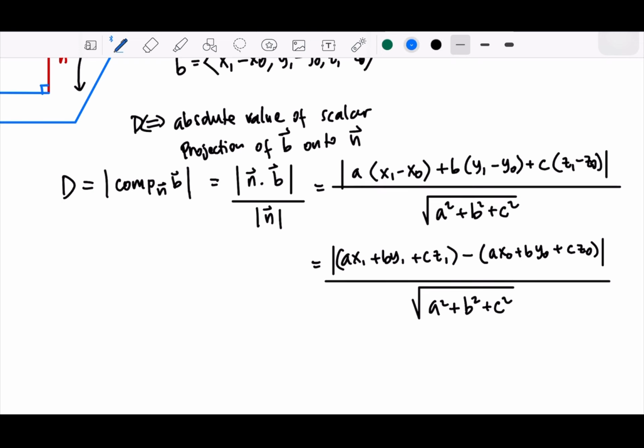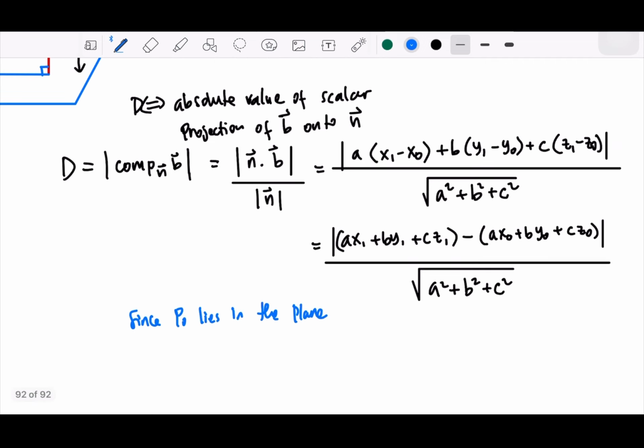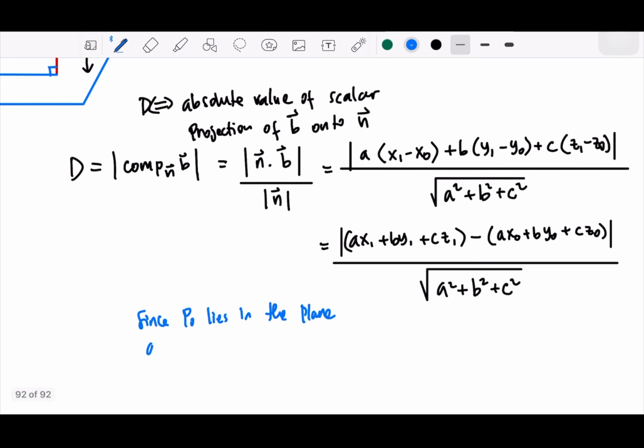And since P0 lies in the plane, the coordinates will satisfy the plane equation. So we have a x0 plus b y0 plus c z0 plus d equal to 0.